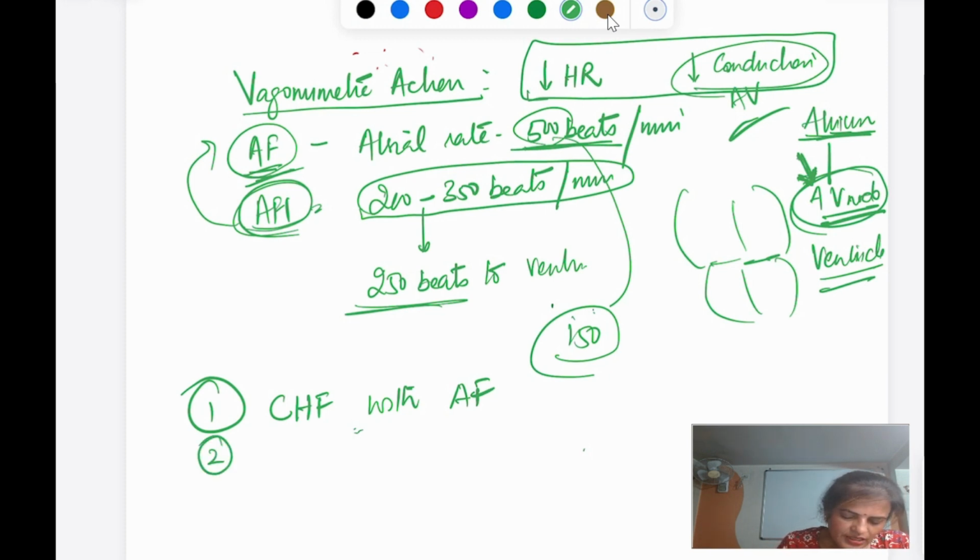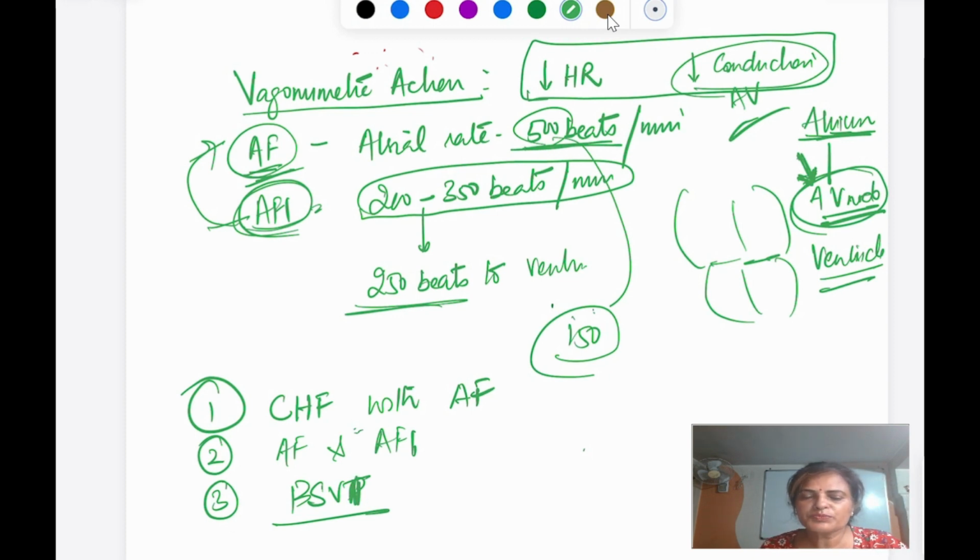And the second use is the treatment of atrial flutter and atrial fibrillation, we can give it there. And the third thing is, we can use it for paroxysmal supraventricular tachycardia, PSVT. Otherwise, the drug of choice here is adenosine.